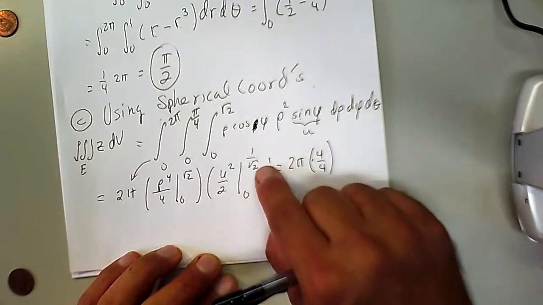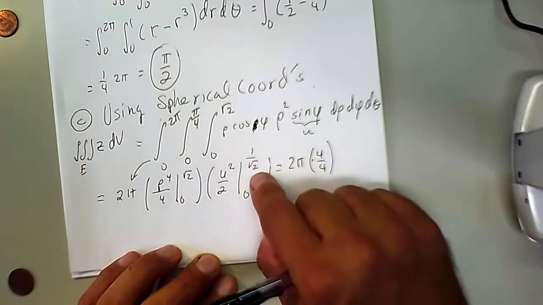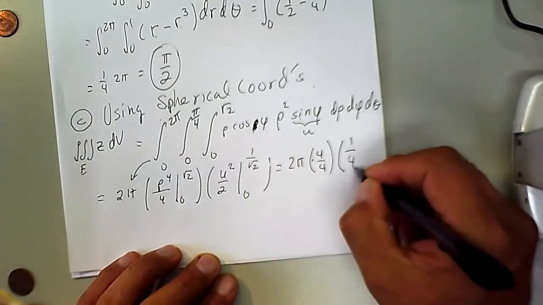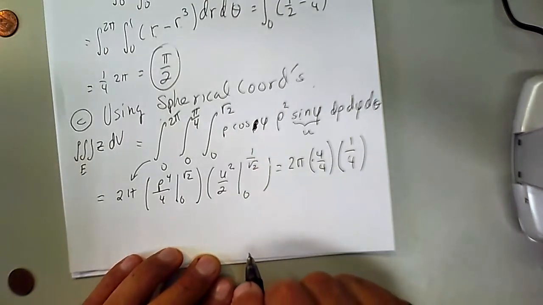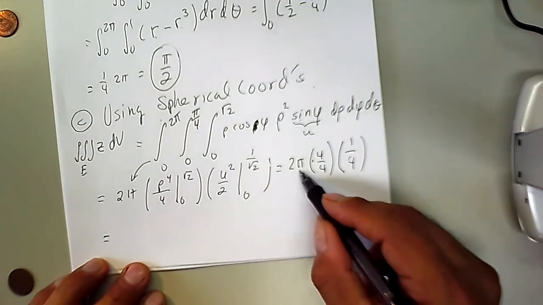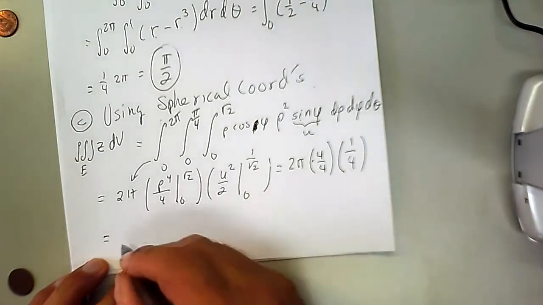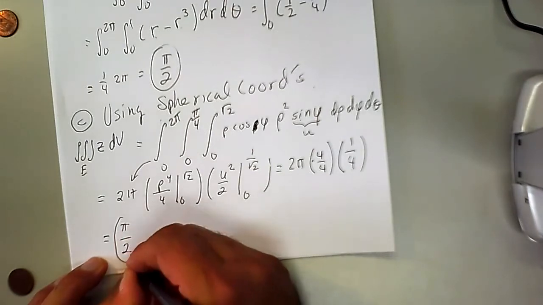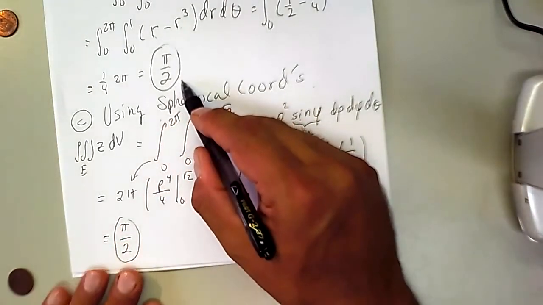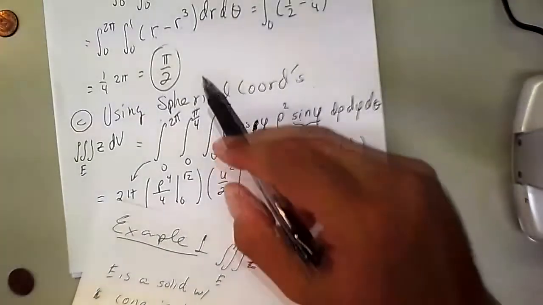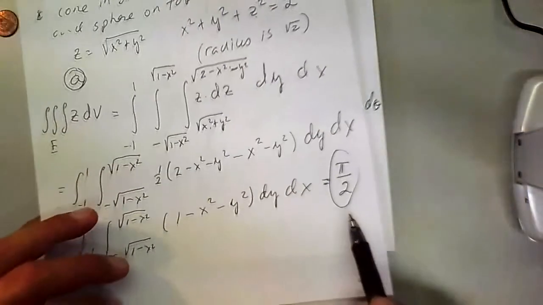Well, that's 1 over square root of 2 squared, which is 1/2. Divided by 2 is 1 over 4. Okay, so that gives us 2 pi over 4, which is the same thing as pi over 2, which is consistent with the answer we obtained in 1b and consistent with the answer we obtained in 1a.